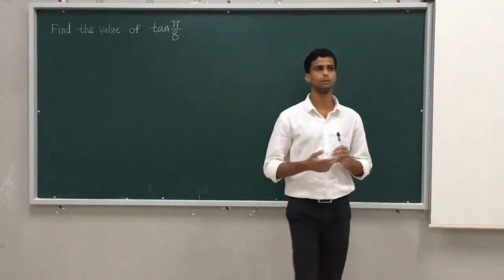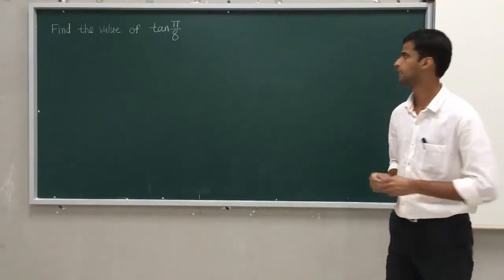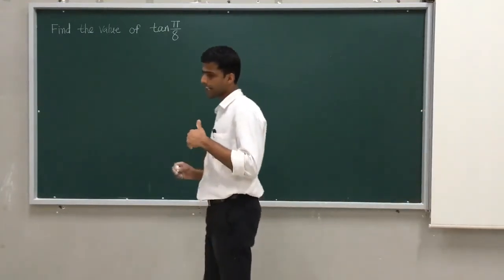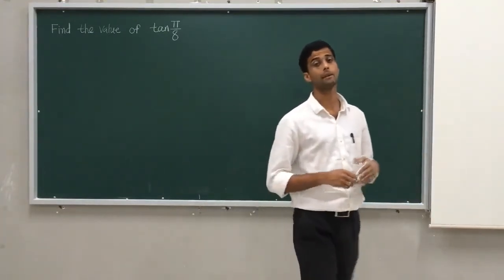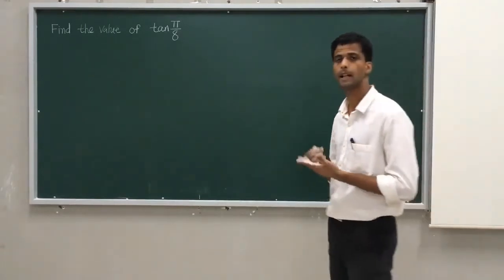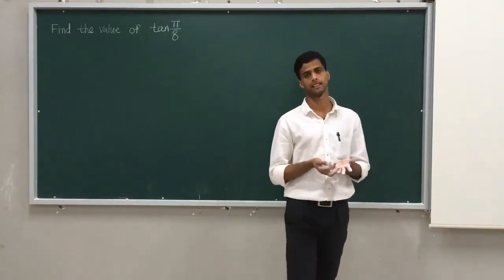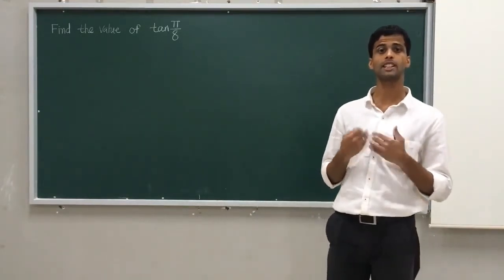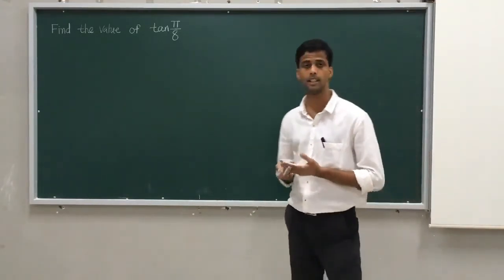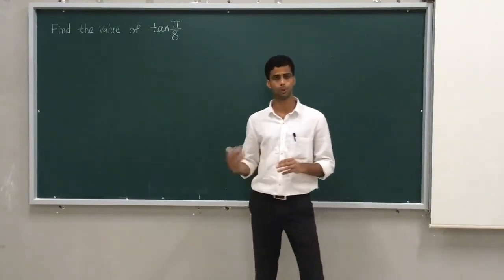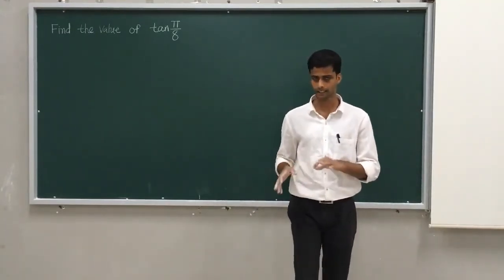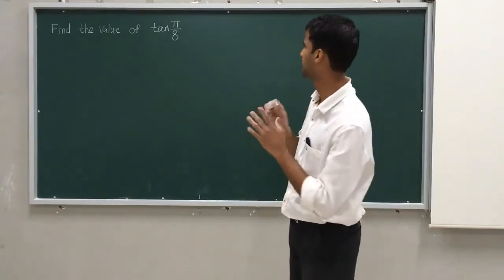It is not possible to guess the answer. We all know tan pi by 2, tan pi by 3, pi by 4, pi by 6. When it comes to somewhat special angles like pi by 8, pi by 12, how to proceed? Let me explain in this video.